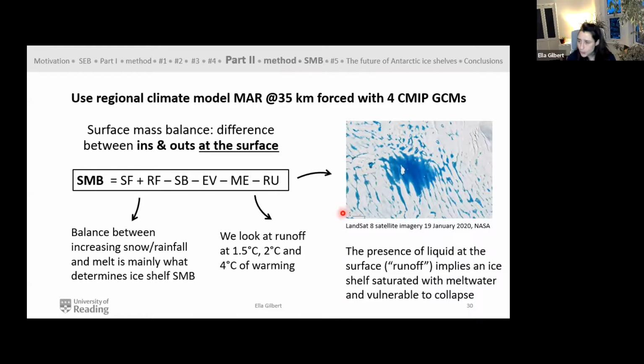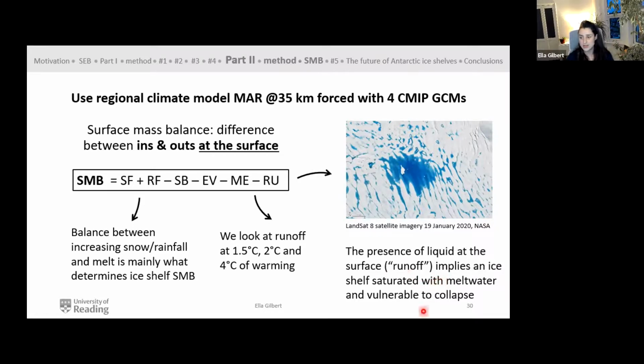But if you'll recall from the satellite imagery at the beginning, the presence of liquid water at the surface of an ice shelf suggests that the ice shelf has become densified and saturated with meltwater, such that there is nowhere for that meltwater to go. So when it starts collecting and ponding on the surface, it implies that we've got an ice shelf that's saturated with meltwater and therefore vulnerable to collapse by this hydrofracturing mechanism.